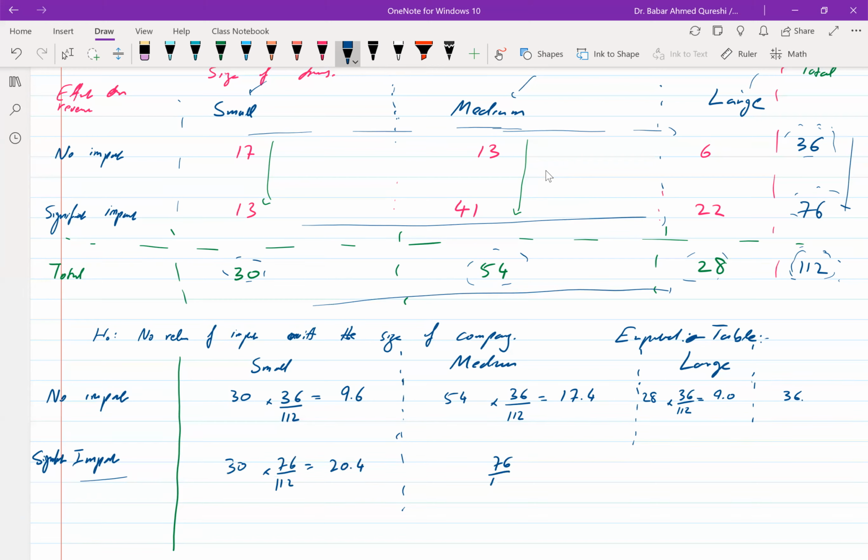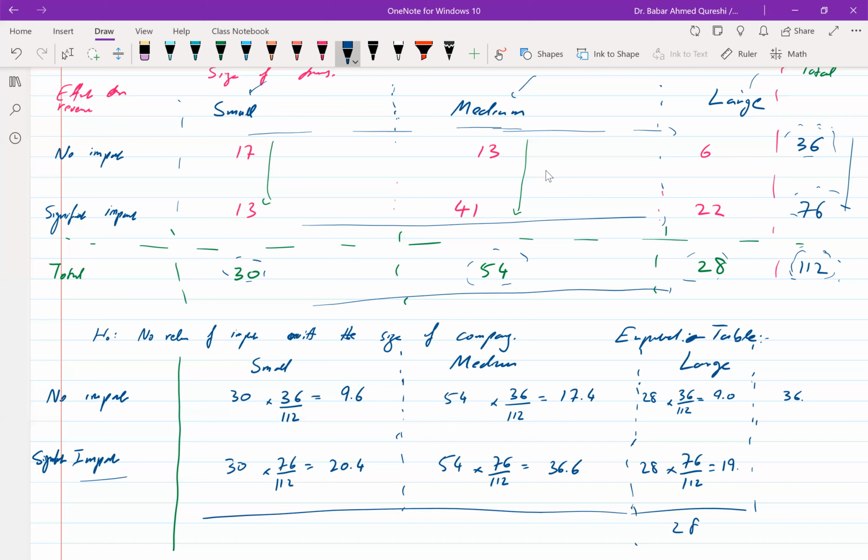Same probability with the medium number of firms, that gives me 36.6, and same probability with 28, that gives me the number 19. And if I add along these, I'll get the above numbers. That's a check that you're doing it correctly. Each way you add, you will get approximately, up to rounding of the decimals, the same numbers.